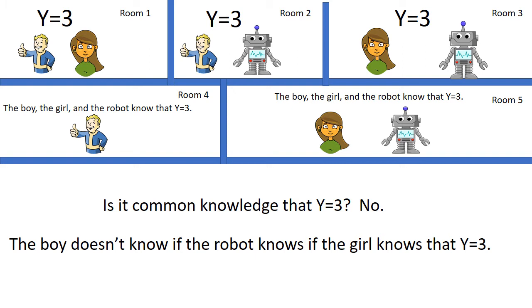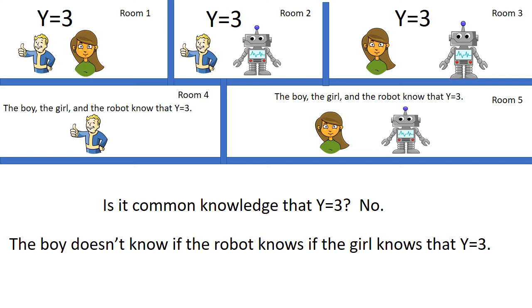So the boy would say, look, maybe there's other rooms besides the 3 that I see, but I can't be sure of that, and common knowledge requires certainty. So since I'm only aware of rooms 1, 2, and 4, and the only room of these 3 that the robot's involved in is room 2, all I know that the robot knows is room 2.